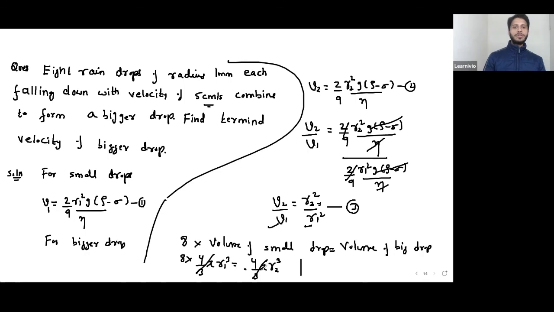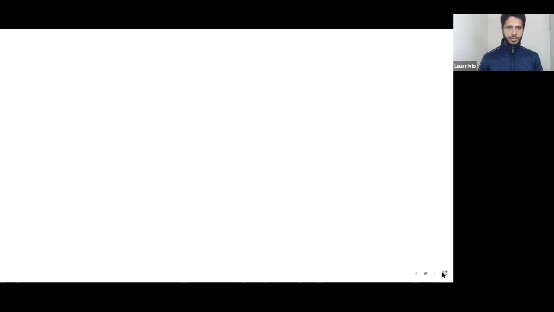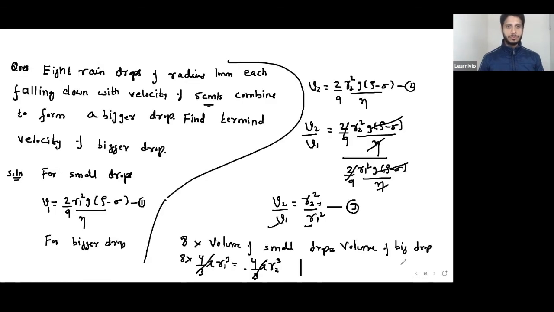Now just calculate R2 from here, substitute it here and tell me how much V2 is. If I equate these two, I have 8 times R1 cube equals R2 cube. You can take cube roots on both sides, you will get 2R1 equal to R2.